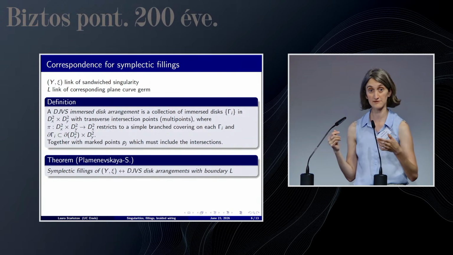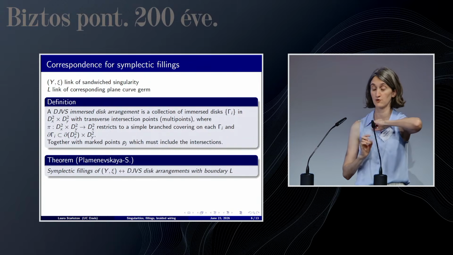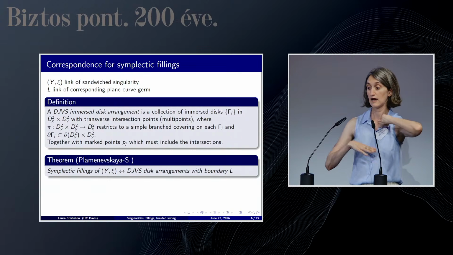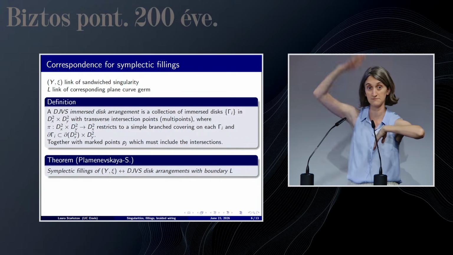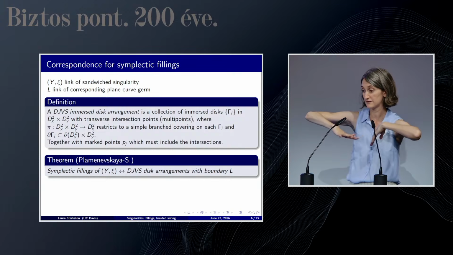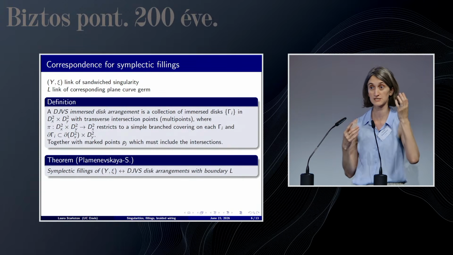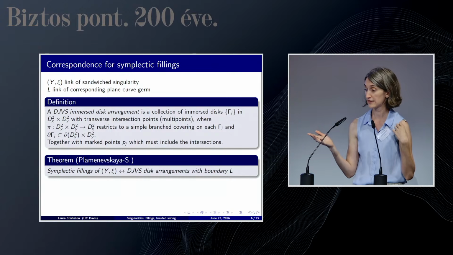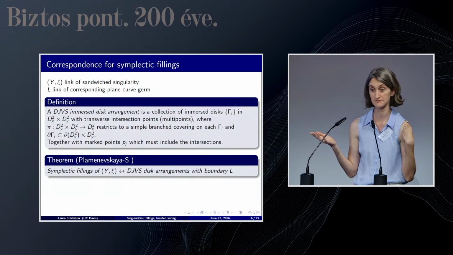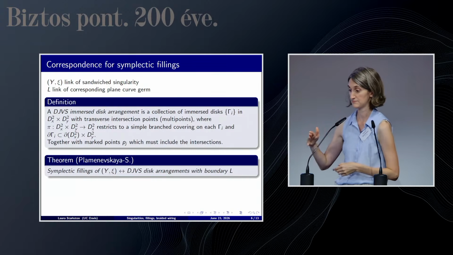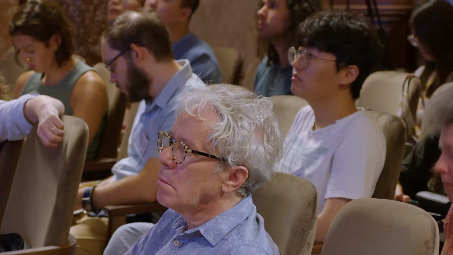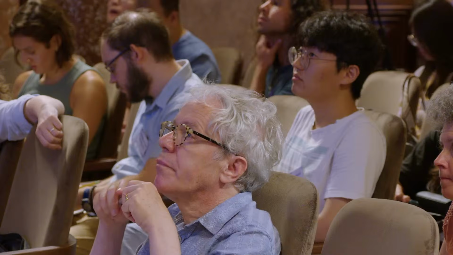And then my other requirement is, because I'm thinking of the 4-ball as disk times disk, I have a projection onto one of these two-dimensional disks, and I want that projection restricted to my curves to be a simple branched covering. So I might have some tangencies to the vertical fibers, and I might have these transverse intersections.